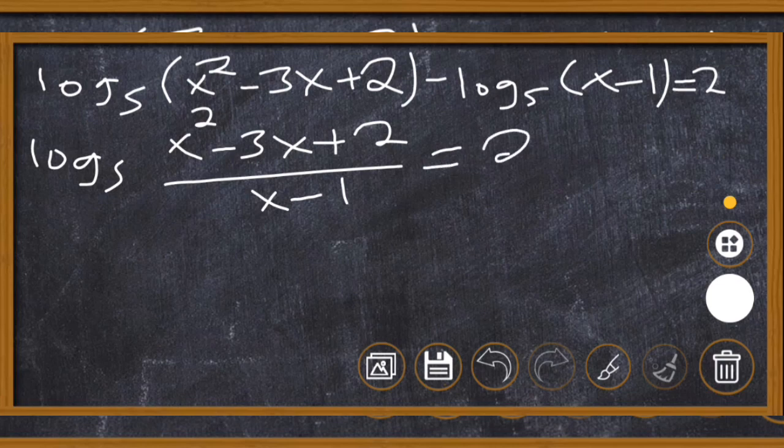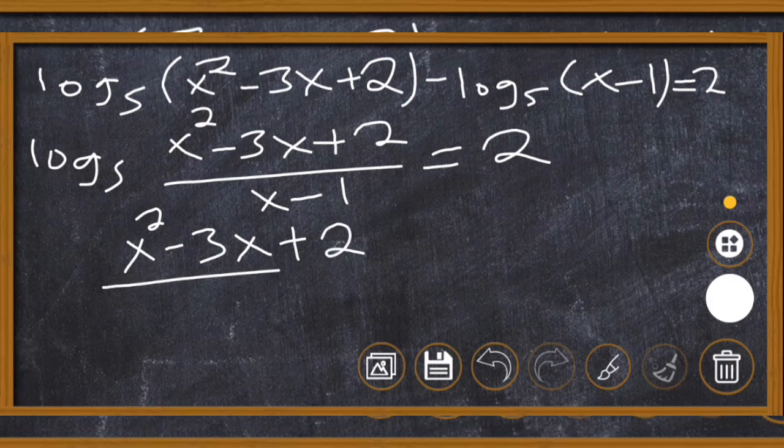Equals to 2. Now, by now, we know and understand how we can express this into exponential form. So after you are done with this, you have to express it into exponential form. So how can we express this into exponential form? So in this case, this is just going to be the way it is, according to the rules discussed in part 1 of the video, of the same topic rather.